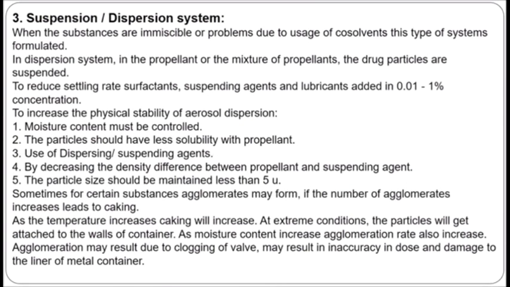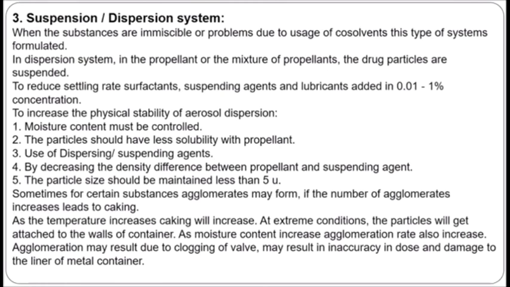The next trade name is Beconase. The active ingredient in Beconase is beclomethasone and the indication is seasonal and perennial rhinitis.